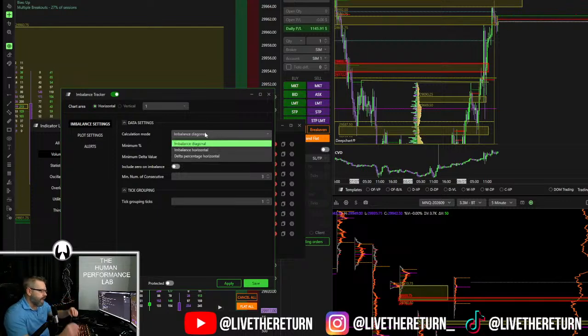So it's looking at the more aggressive orders off of the ask comparatively to the bid, as if the ask and the bid are filled, not at the horizontal level, but the diagonal level. I used to use that as well. You can also set it to the delta percentage horizontal, the imbalance horizontal. So diagonal, horizontal, or off of total volume or off of delta.